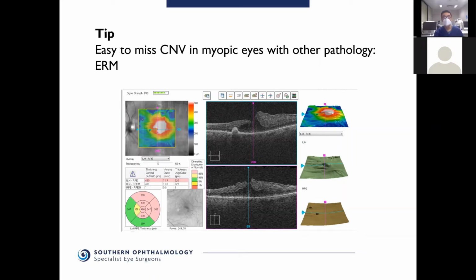So it's important to look for choroidal neovascularization, which might actually be the cause of the recent change in symptoms, rather than the other significant, more distracting, obvious pathology in the macula.